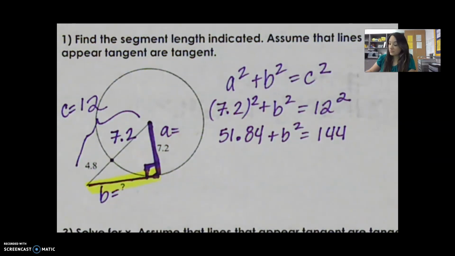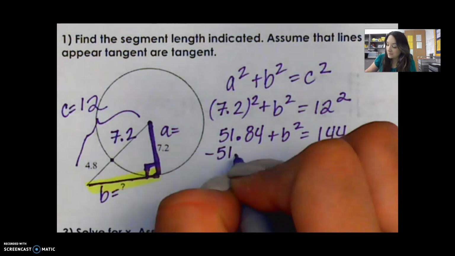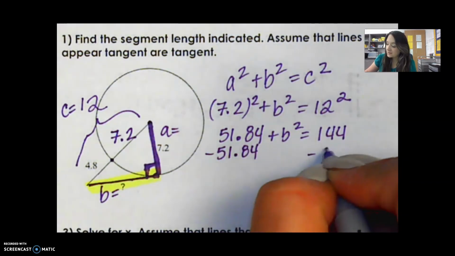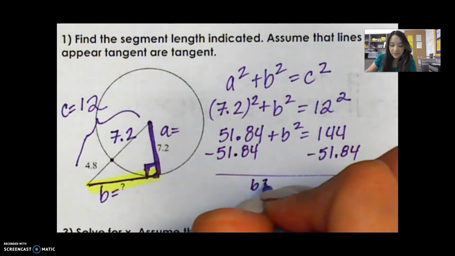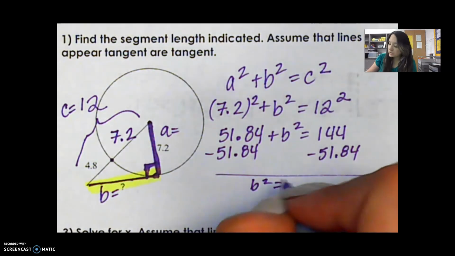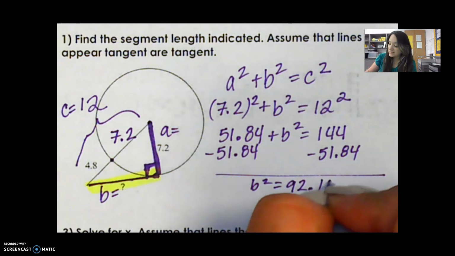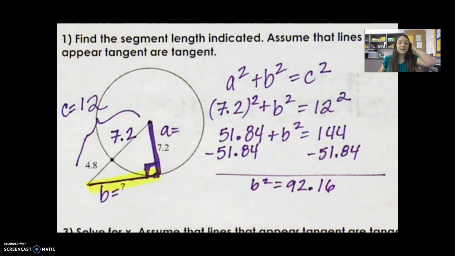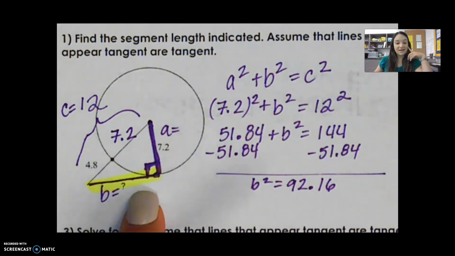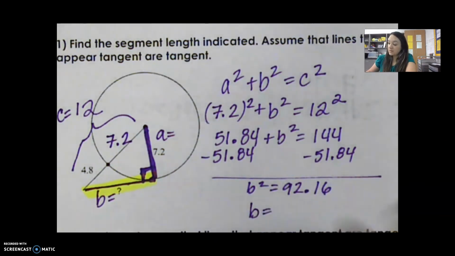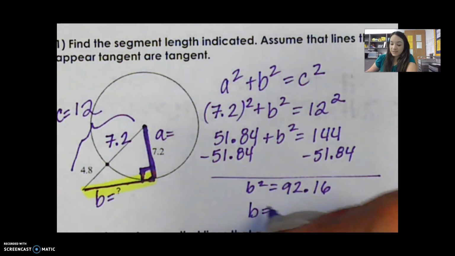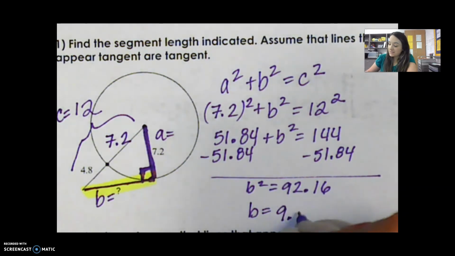Next step, I need to subtract the 51.84. And I get b squared equals 92.16. Now I'm not quite done because I know that that piece is not 92.16. That's insanely huge. I need to square root the b. So when I square root that b squared, I'm going to end up with 9.6.